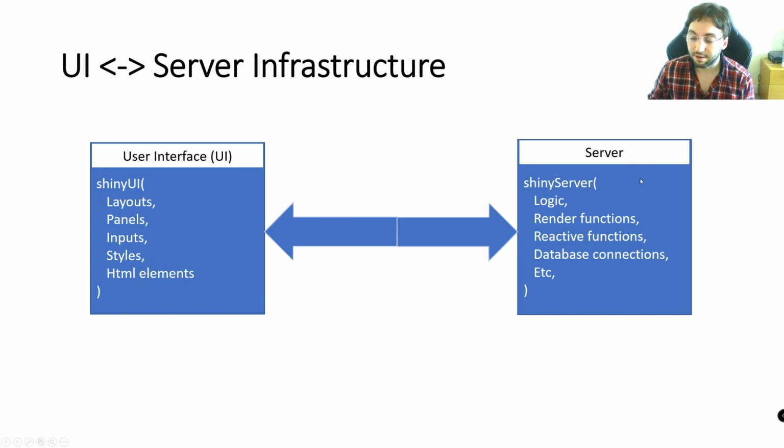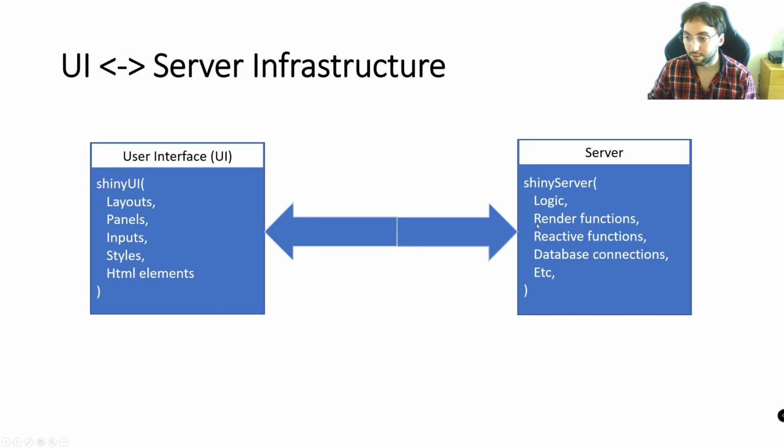On the server side, we have the logic that deals with whatever UI action gets activated. It is sent to the server, and the server deals with whatever needs to be done and sends a response back to the UI, in terms of the logic that's been programmed.